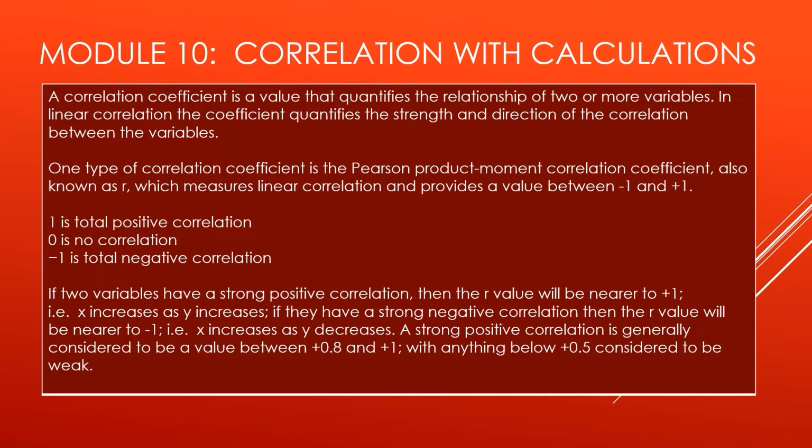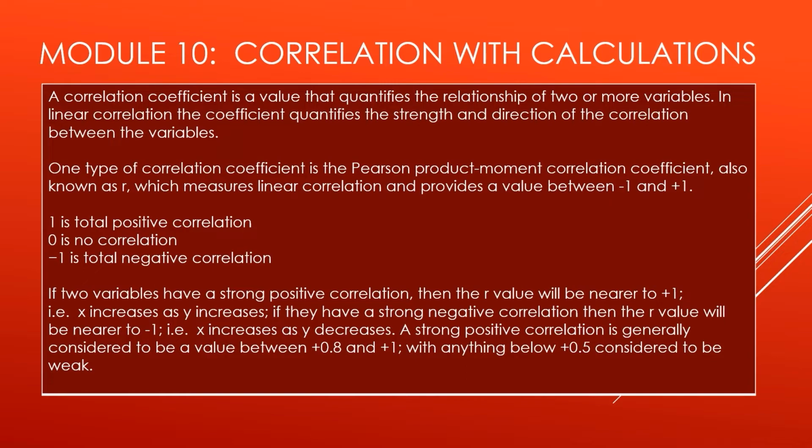One type of correlation coefficient, and that's the type we're going to use, is the Pearson product moment correlation coefficient. It's also known as R, which measures linear correlation and provides a value between -1 and +1. +1 is total positive correlation, 0 is no correlation, and -1 is total negative correlation. If two variables have a strong positive correlation, then the R value will be nearer to +1. For example, X increases as Y increases. If they have a strong negative correlation, then the R value will be nearer to -1.